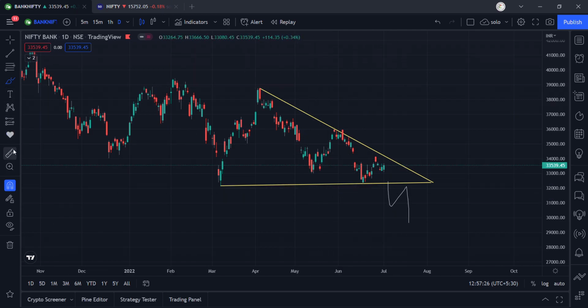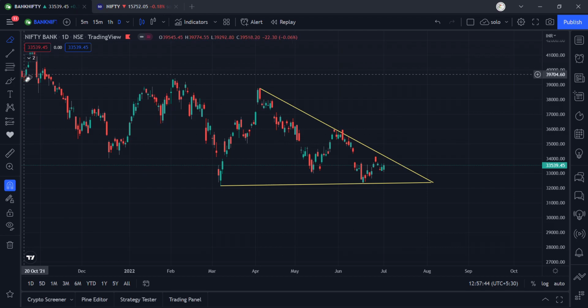We will not wait 4 days without trading. So just leave it. This is a triangle pattern in Bank Nifty which we can see in a 1-day time frame.